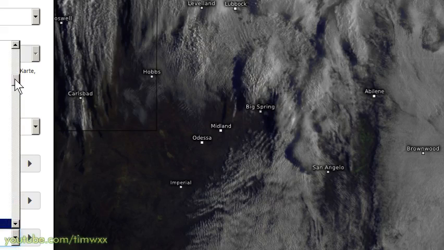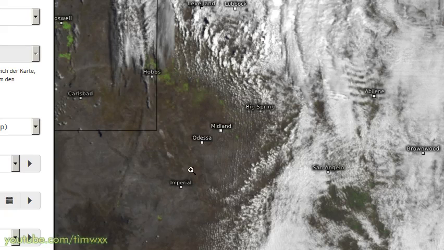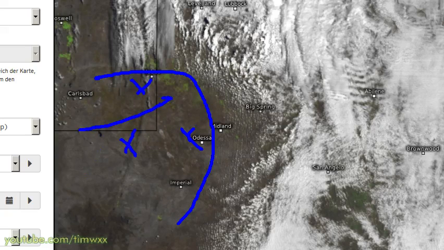Now I'm going to go forward a little bit. I'm going to go back up another 2 hours. We see the drier air coming in from the west around Midland, Monahans, and Hobbs, eroding a lot of the moisture. And then we see a little bit of a convergence line southwest of Lubbock there.